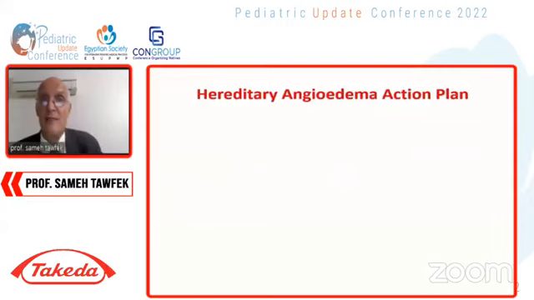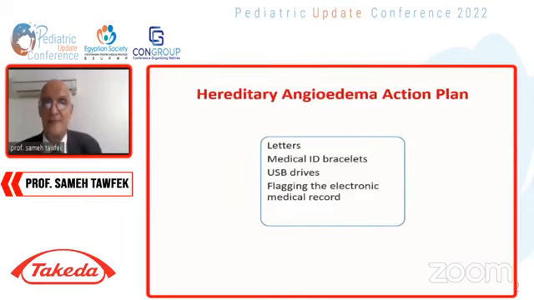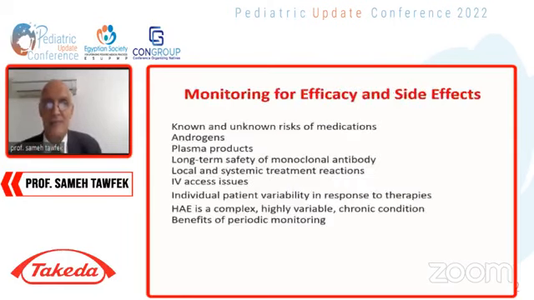There should be a hereditary angioedema action plan, which includes letters, parcels, USB drives, and electronic medical records, monitoring the efficacy and side effects.